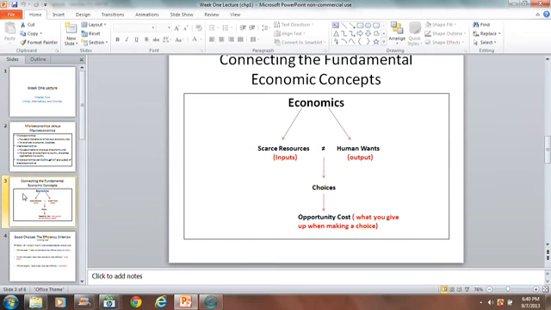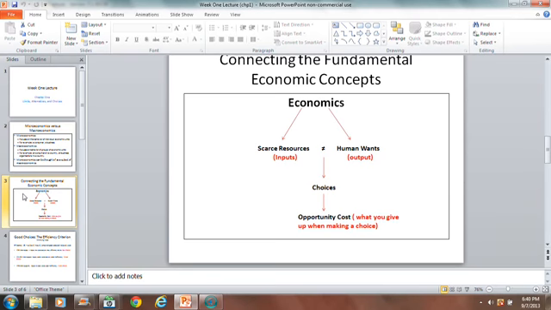Now, when you're studying economics, whether it's micro or macro, there are some basic core concepts that govern the nature of your inquiry. A good place for us to start is a working definition of economics.